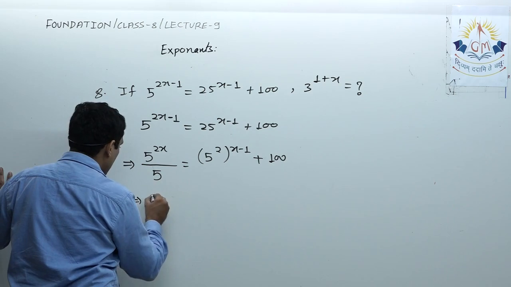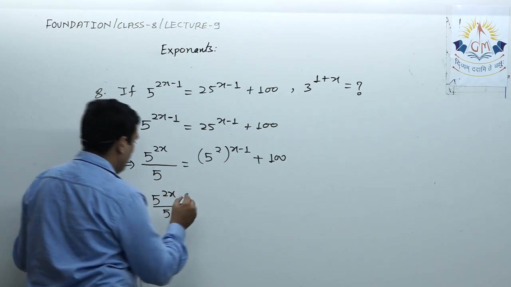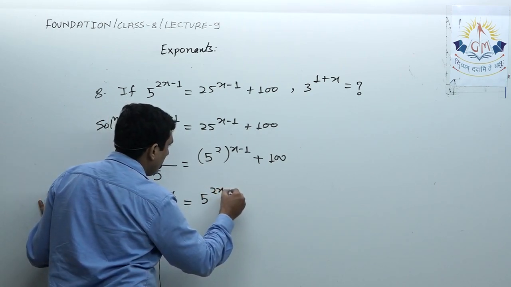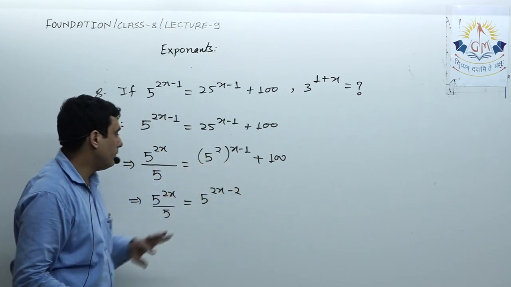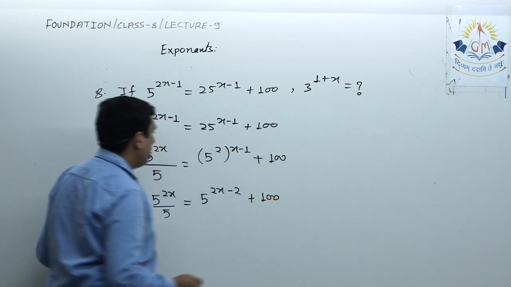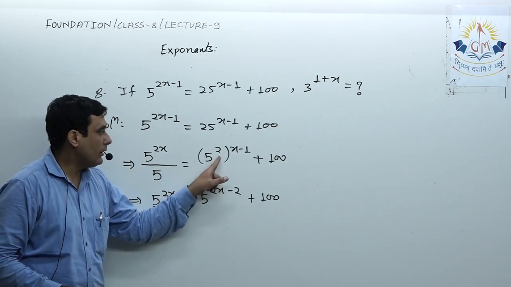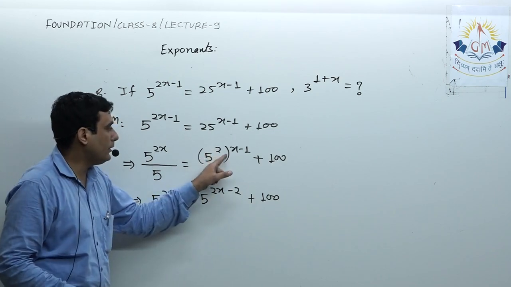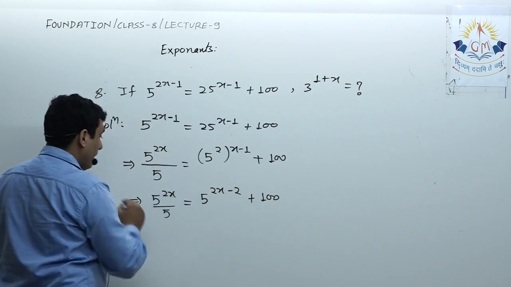So here next is 5 raised to 2x upon 5 is equal to 5 raised to 2x minus 2 plus 100. Now here again, see which law I had applied? Power law. Power to power, so they will multiply. I directly multiplied 2x minus 2. Okay, now here again I can apply that law.